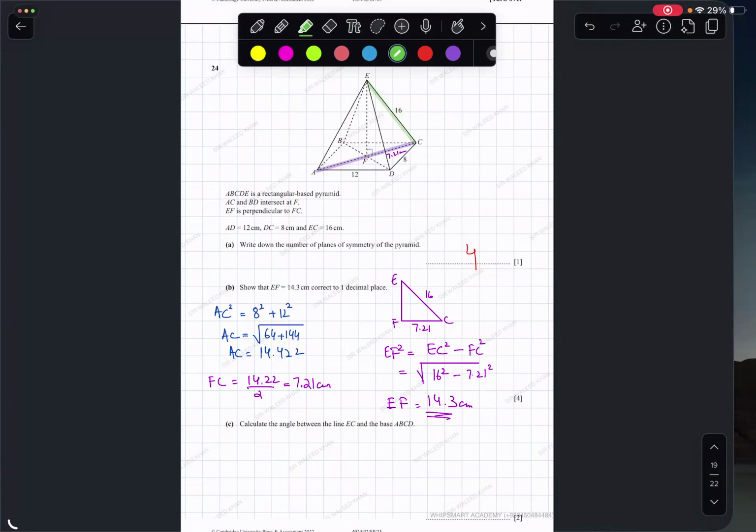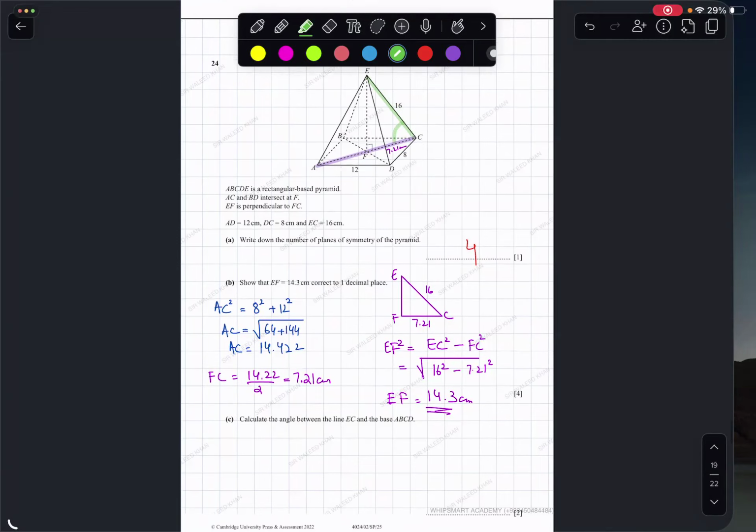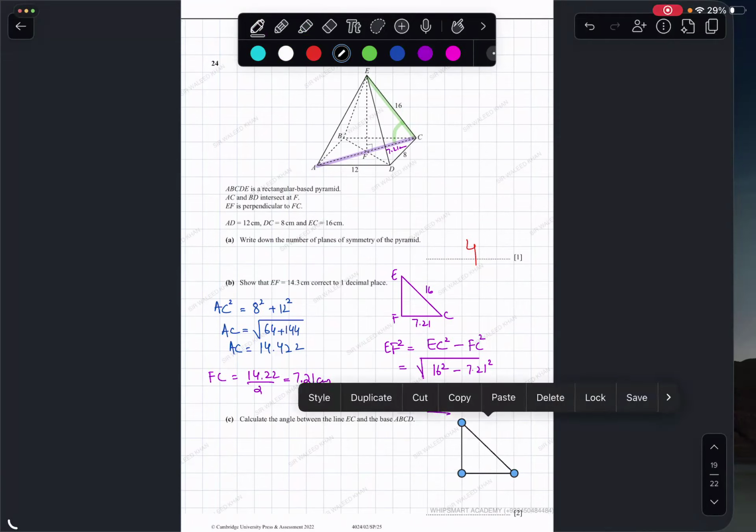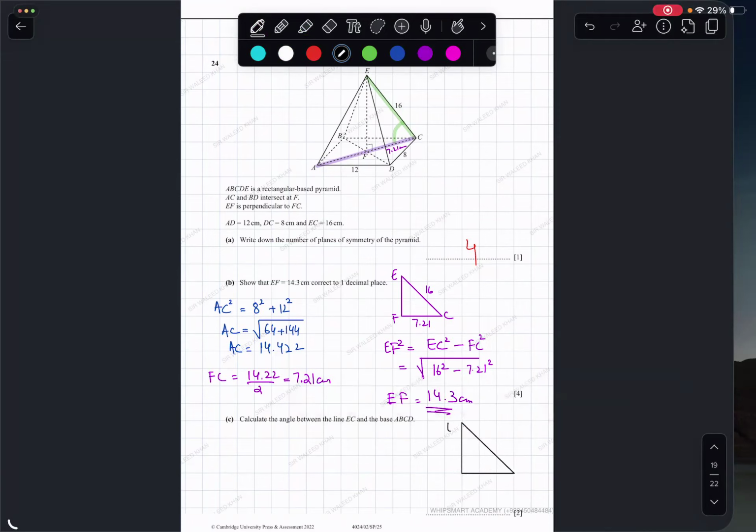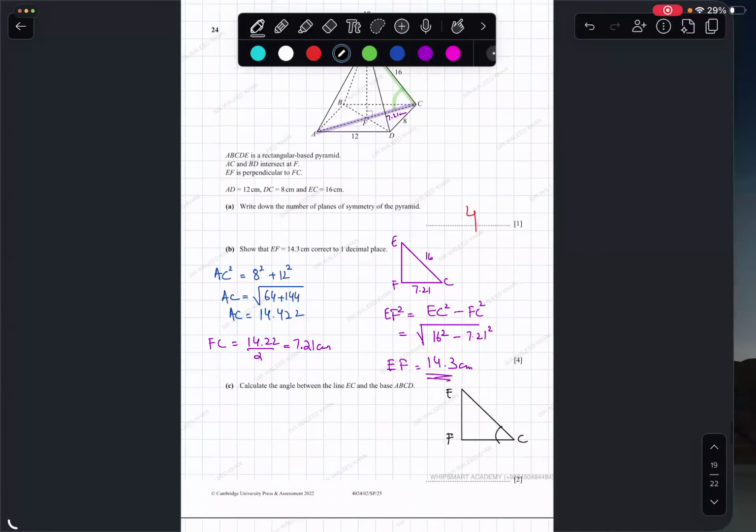So you can clearly see that they are talking about this angle. And for this one, I have the length of EF now, right? So I can use it. Again, we are dealing with the right angle triangle. This is EF. This is the angle they are talking about. See? Okay. And this is 90 degrees.